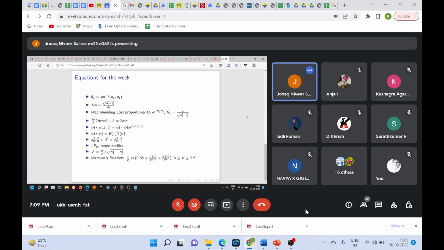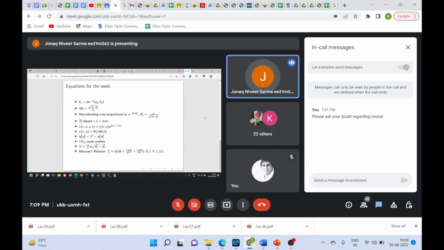Then this beta is limited by an effective index, which has to lie between the index of the core and the cladding.